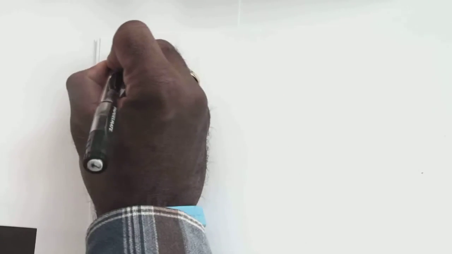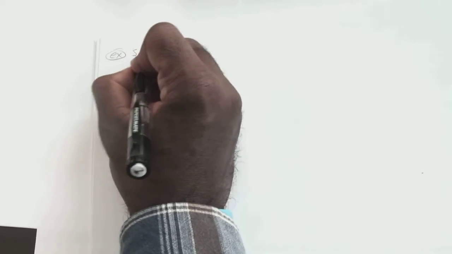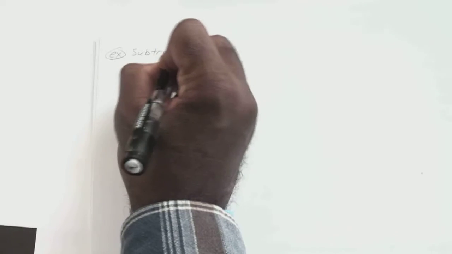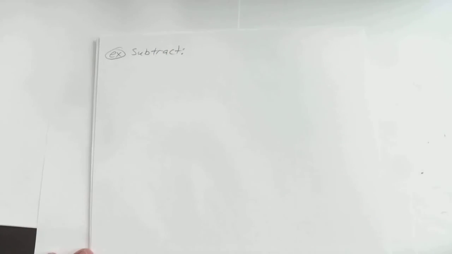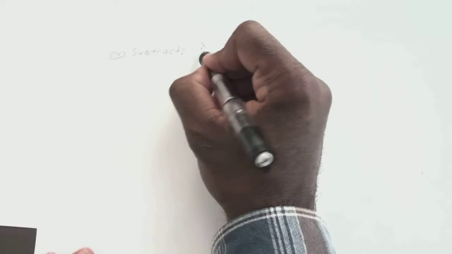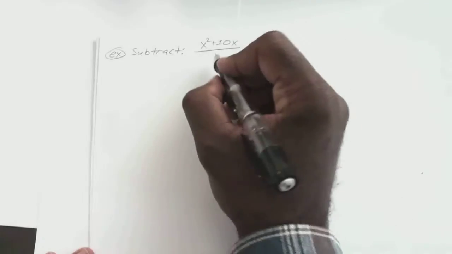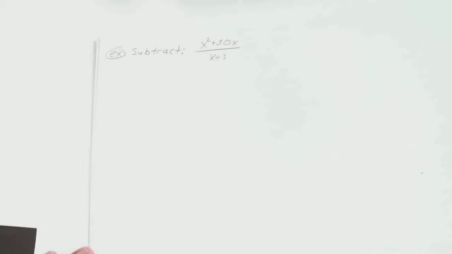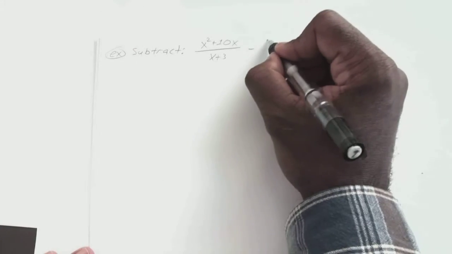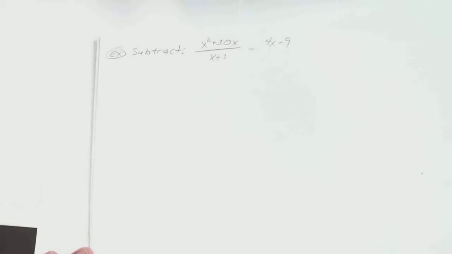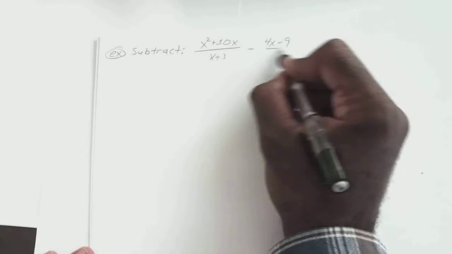Let's say, for example, we wanted to subtract x squared plus 10x over x plus 3 minus 4x minus 9 over x plus 3.